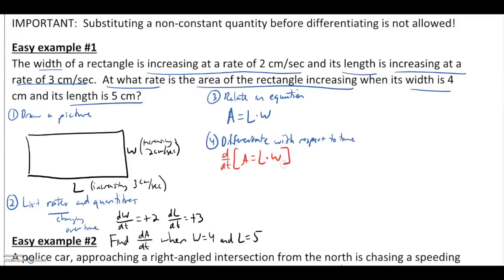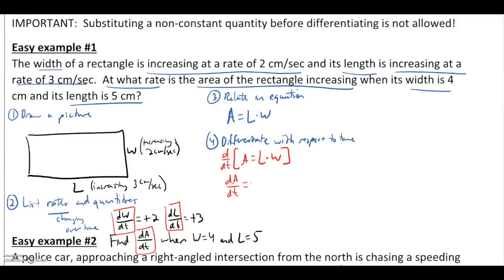We don't need to worry about taking out any variables in this problem, because as we start looking at our derivative, we have ways to describe rates for width, how that's changing, the rate of change for the length, and the thing we want to find is the rate of change for the area. Differentiating A with respect to t will give us dA/dt. And think like what we did with implicit differentiation.